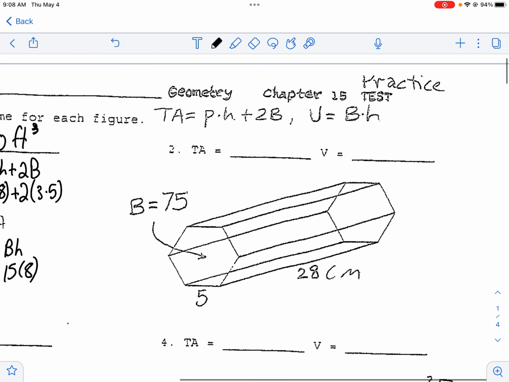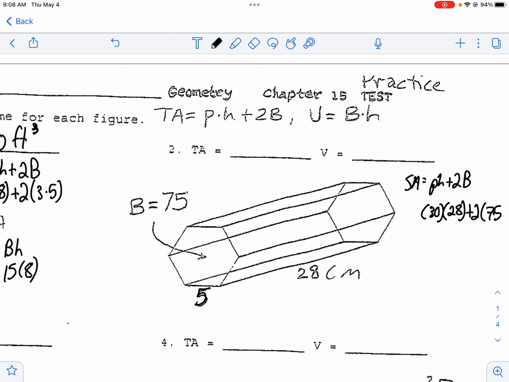Surface area of this guy is equal to pH plus 2b. So my perimeter would be 5 times 6 sides is 30. Times the height, the distance between the bases, that's 28. Plus 2 times the area of the base, which they give us, 75.